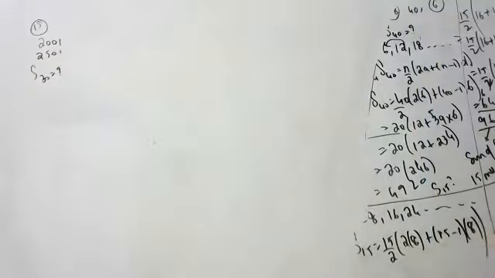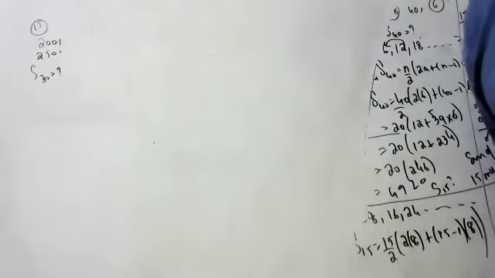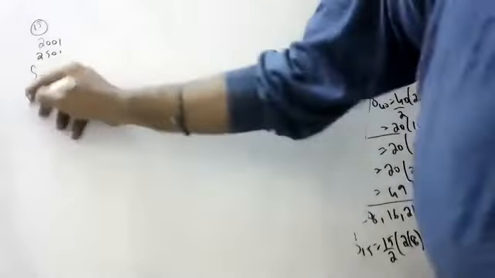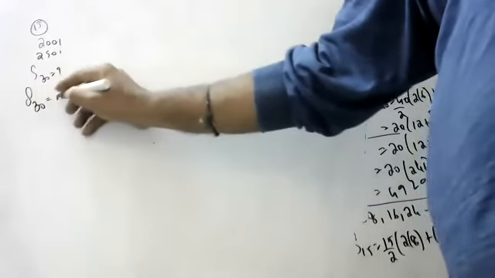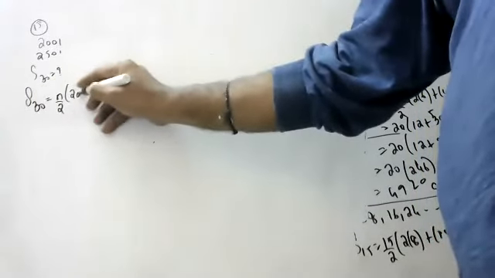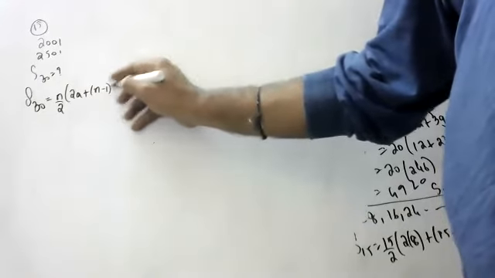Who will tell? Any other student who didn't tell till now? Sir, can I say? Yeah, tell. S30 is equal to, tell me the formula, Nana. n by 2 into (2a plus (n minus 1) into d).